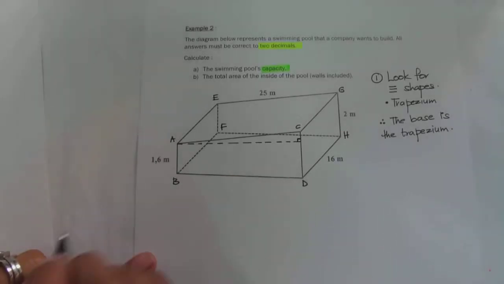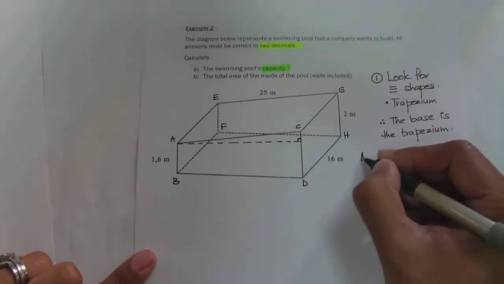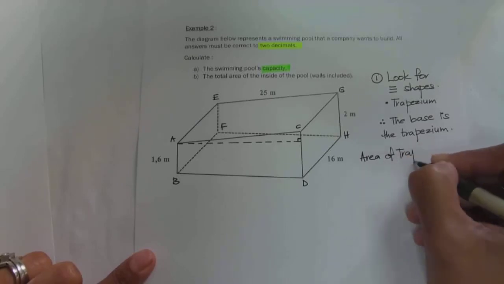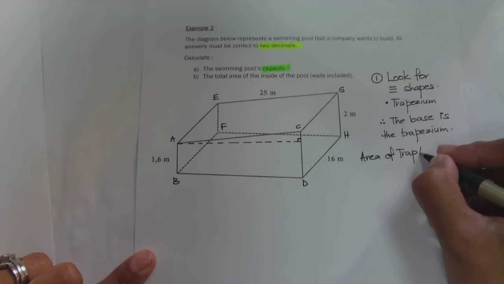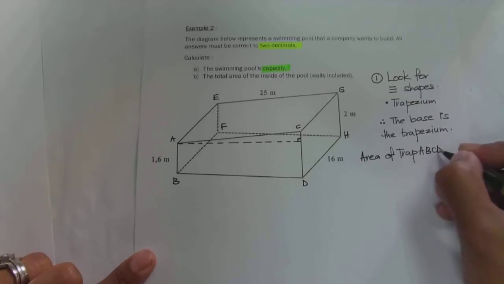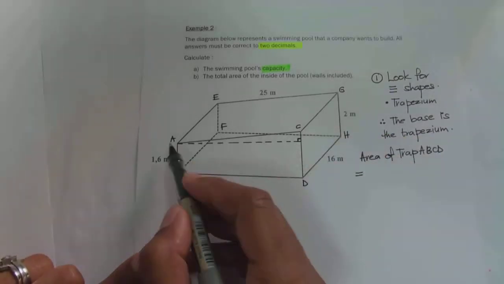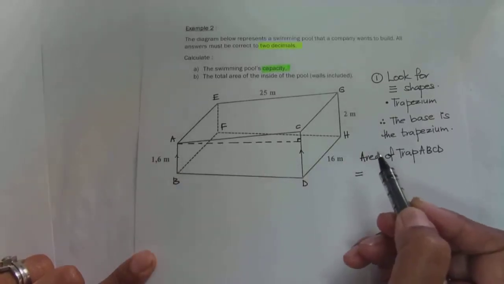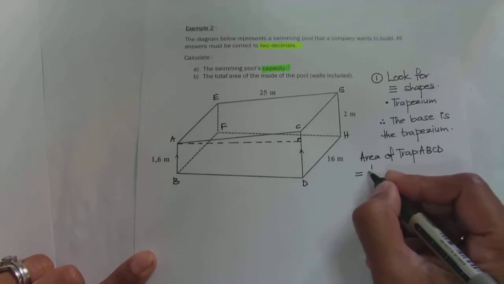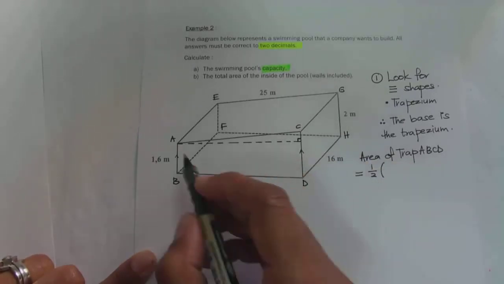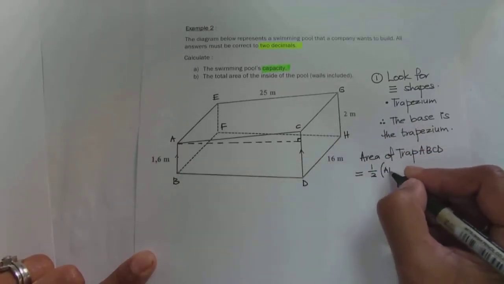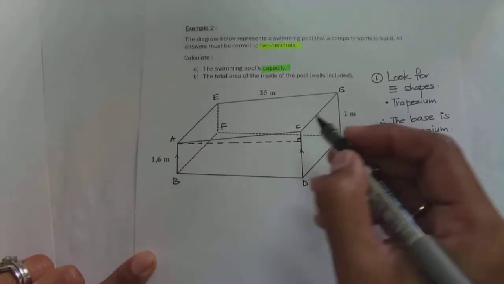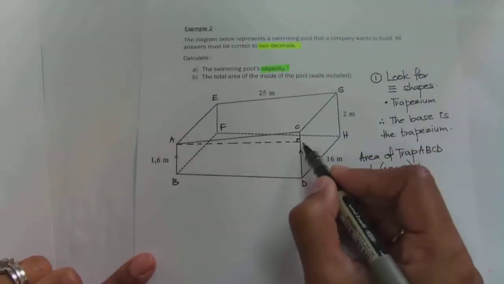So the area of trapezium ABCD, and I'm going to put the labels, is equal to, remember, this is the parallel side and that's the parallel side for a trapezium. So it's half the sum of the parallel sides, which is AB plus CD, times the height, which is this one here.